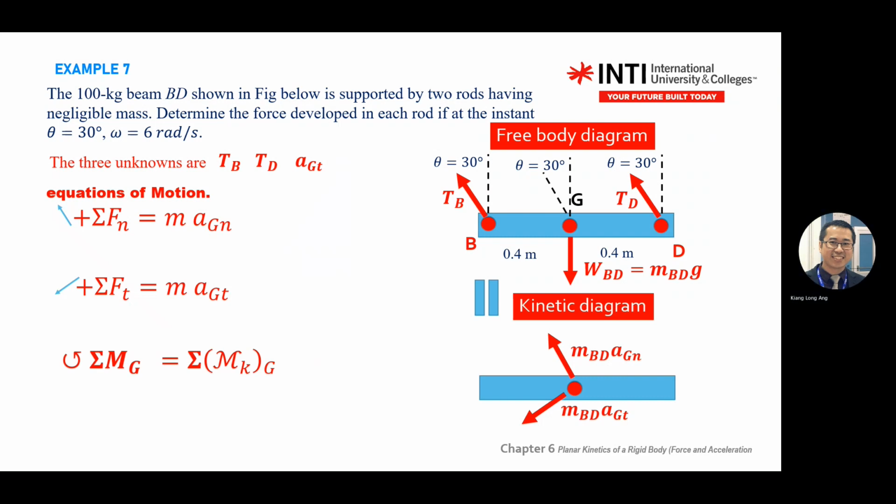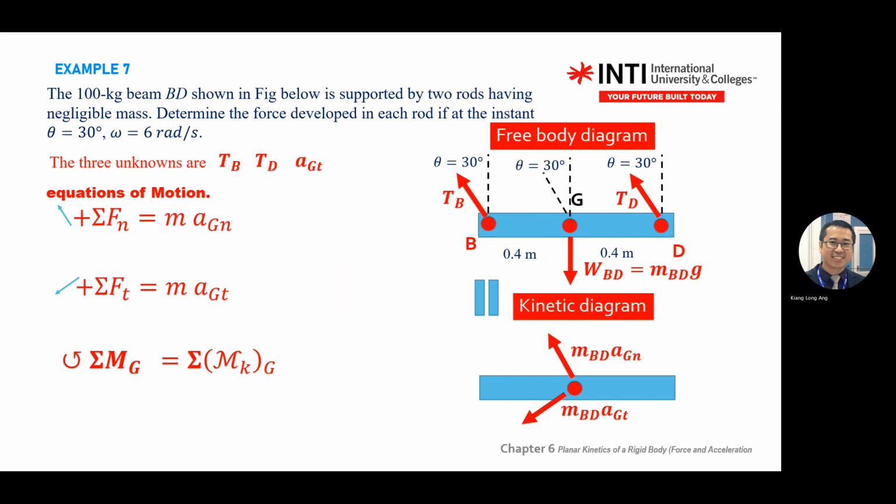Any question for normal tangent to find the force? Okay. So how to find moment at G for free body diagram?